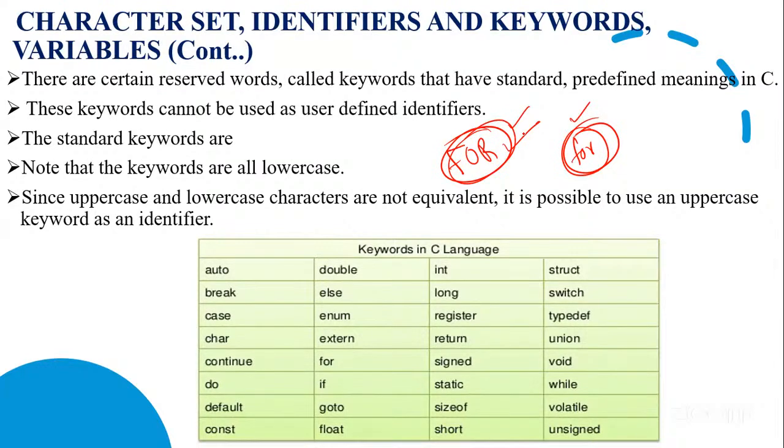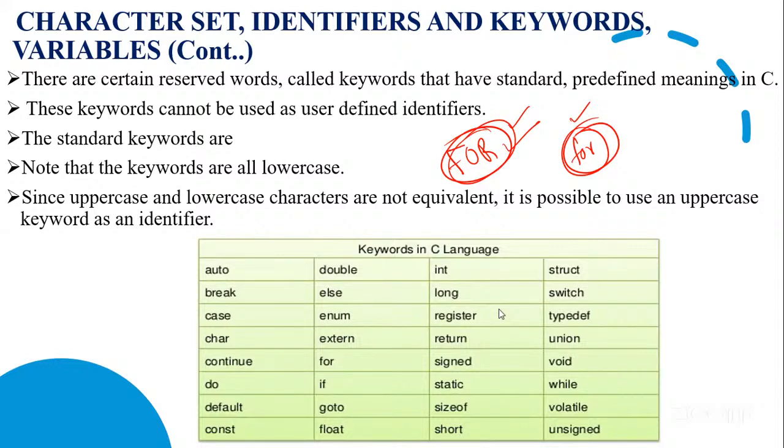Auto, double, int, struct, break, else, long, switch, case, enum, register, typedef, char, extern, return, union, continue, for, signed, void, do, if, static, while, default, goto, sizeof, volatile, const, float, short, unsigned.